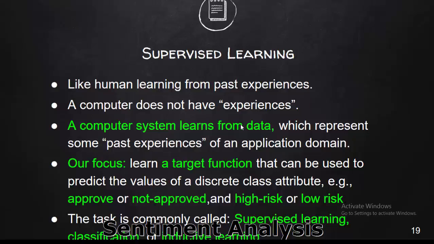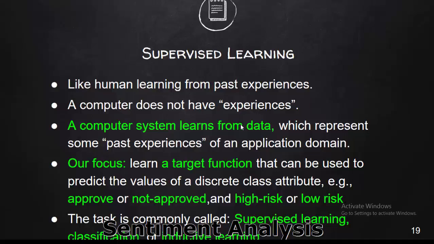So now we will talk about two types of learning. One is supervised learning and second is unsupervised learning. Let's start with supervised learning. Like a human learning from past experience, as we all know, humans learn from experiences, but a computer does not have any experience.